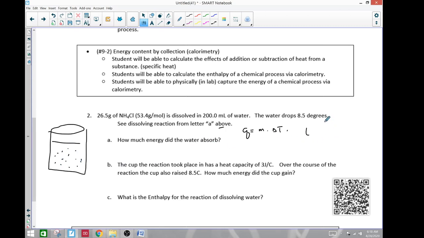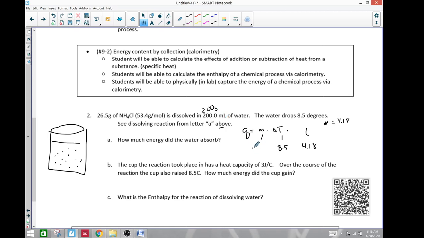There's going to be a little asterisk that says we don't know our new specific heat, but we're assuming it's very close to 4.18. So they want you to use 4.18, the temperature change here, which is 8.5, and the total mass here because it's a new solution.